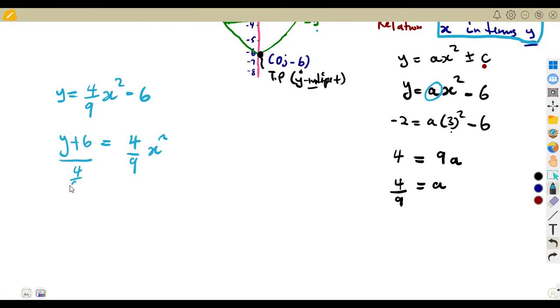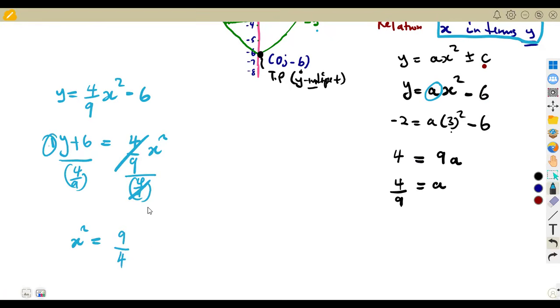Let us just divide by 4 over 9 here. This will cancel. So therefore, x squared is going to be equal to 1 divided by 4 over 9. If you divide 1 by 4 over 9, it's going to give you 9 over 4.